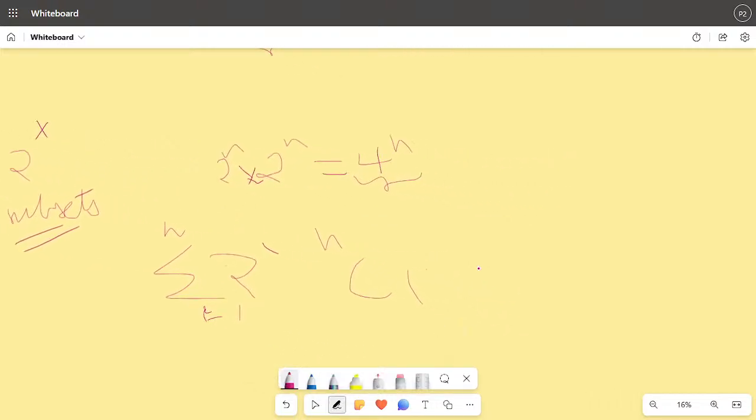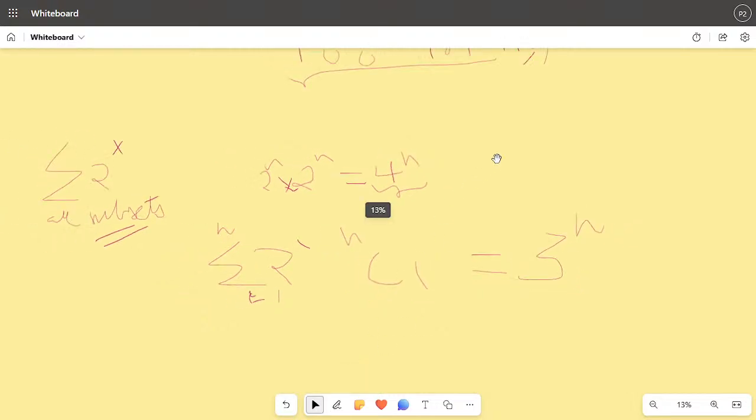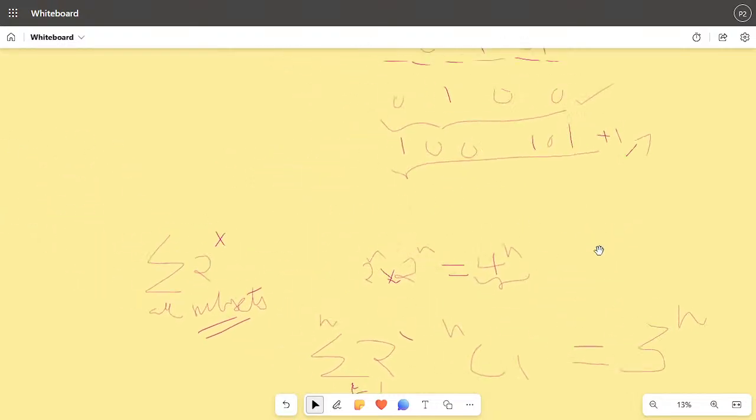If you solve this, you get 3 to the power n, which is obviously much smaller than 4 to the power n. We can also see this directly without any summation.